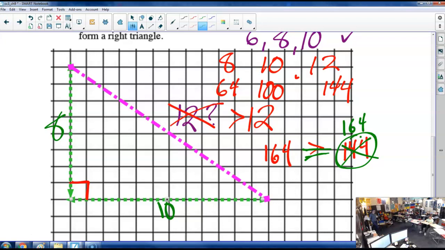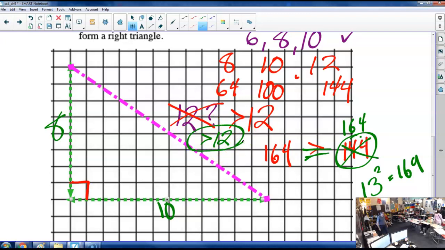What's the next perfect square after 144? 169 is 13 squared. So we're almost there. This is almost 13. But we know it has to be greater than 12.